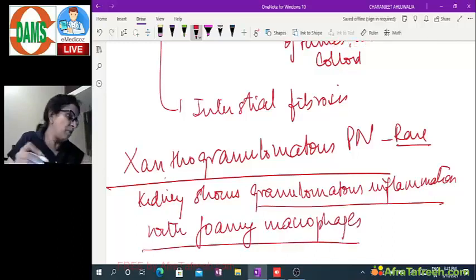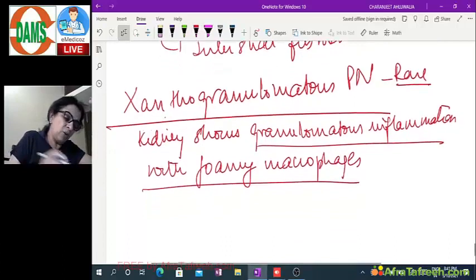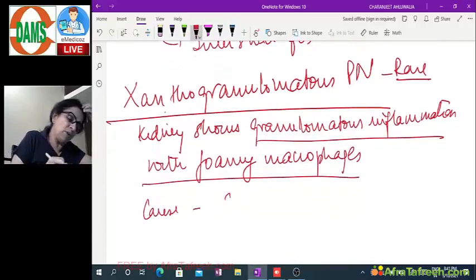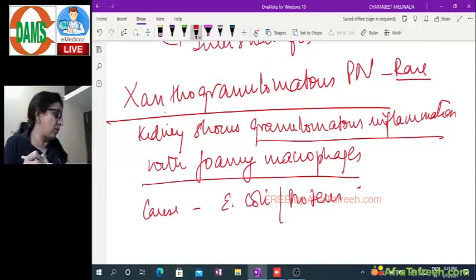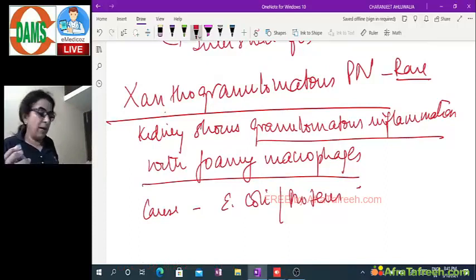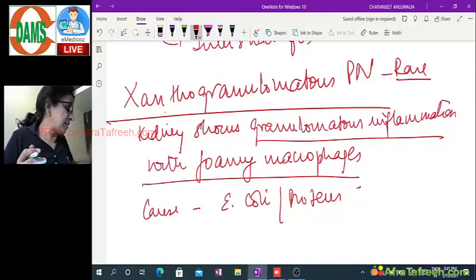It is usually caused by E. coli or Proteus. So this is xanthogranulomatous pyelonephritis.